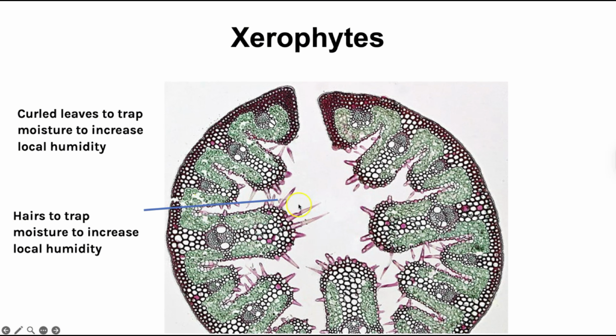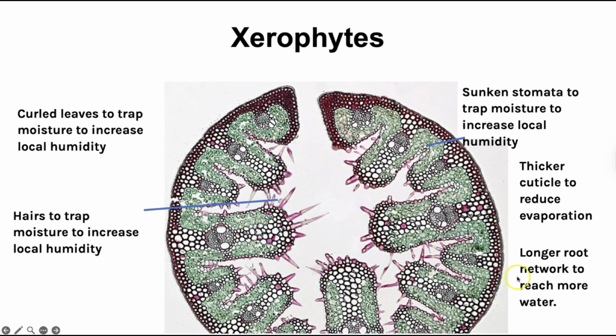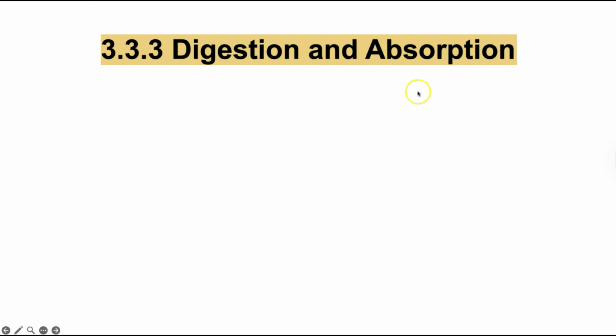You also have these hair-like structures, which again trap humid air to increase the humidity. Sunken stomata, again, that increases the local humidity. And you have a thicker waxy cuticle as well to help reduce evaporation too. You do have a longer root network. Now that's not going to reduce water loss, but that means you can reach more water to more readily replace the water that might be lost.